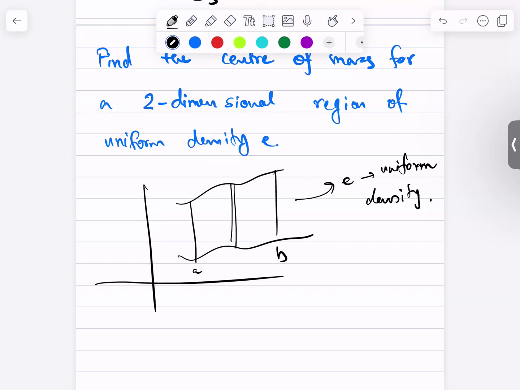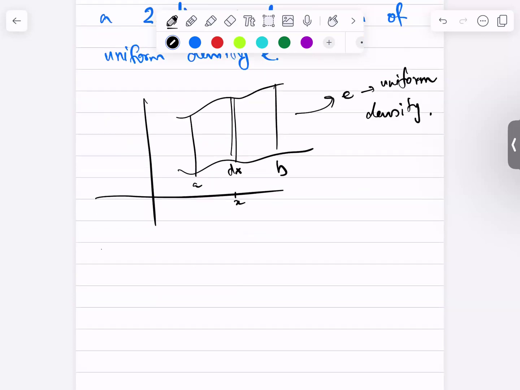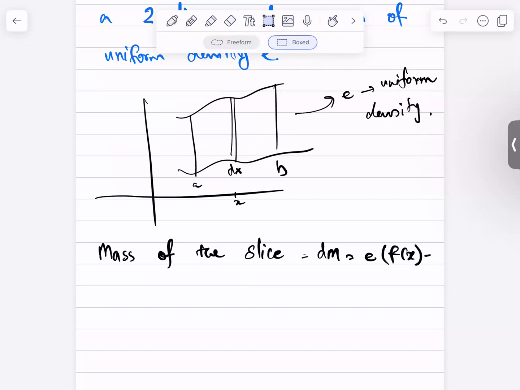Okay, so again, I'll consider a small sheet of length dx at, say, x. Then the mass of the sheet, or rather, I'd say slice, is dm in notation, which is E times (f(x) minus g(x)) dx, right? Easy to see.